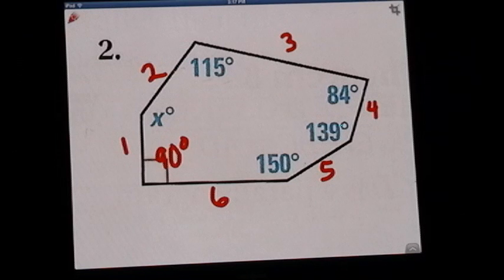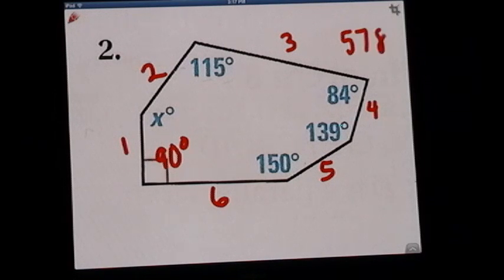You can pause to work that out and then come back to it. I say 115 plus 84, starting next to the x, by the way, plus 139 plus 150 plus 90 equals 578.